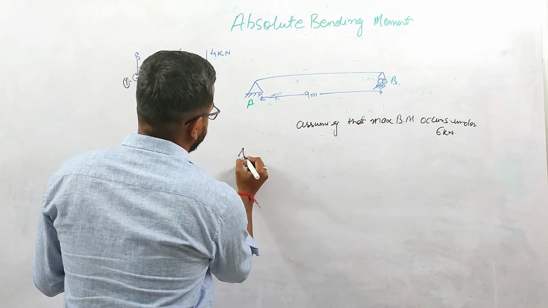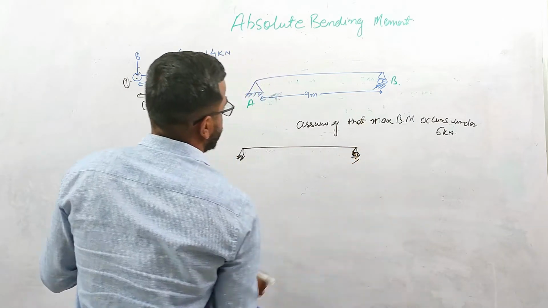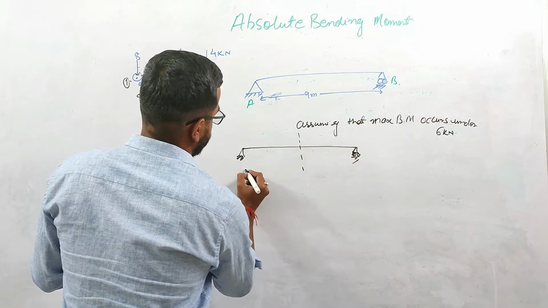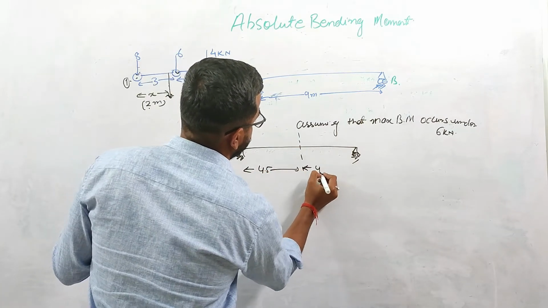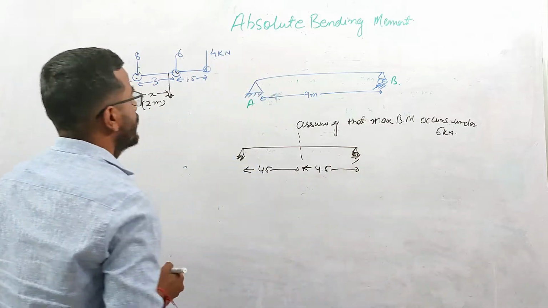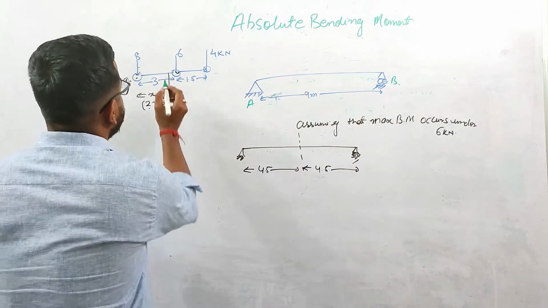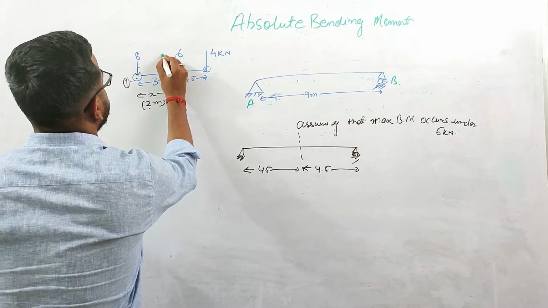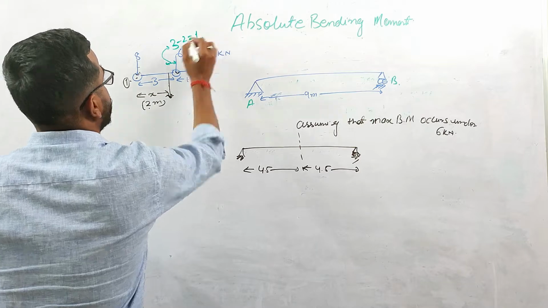center. So if this is the beam and this is the center line, this distance is 4.5, and this is 4.5. So the distance between this resultant and this 6 kilonewton load will be 3 minus 2, which will be 1 meter.